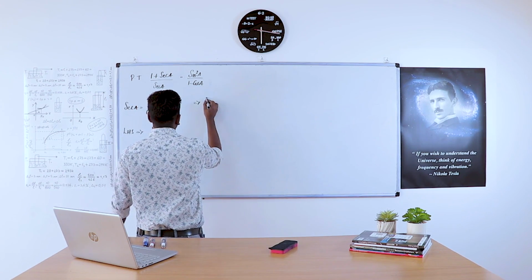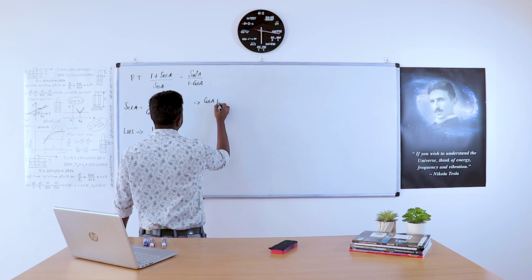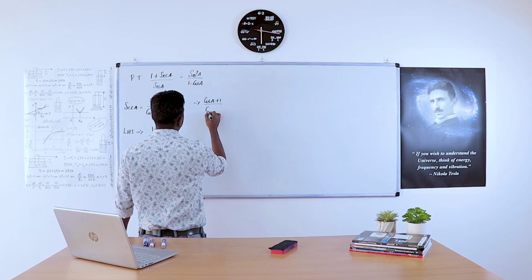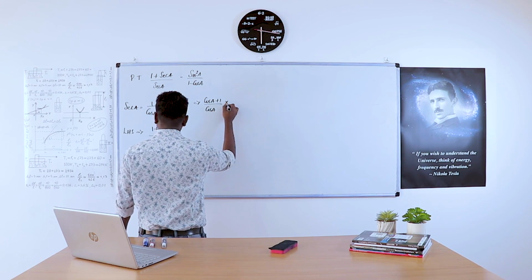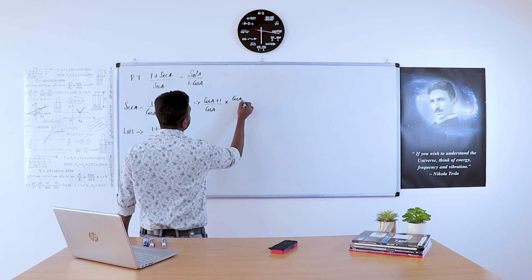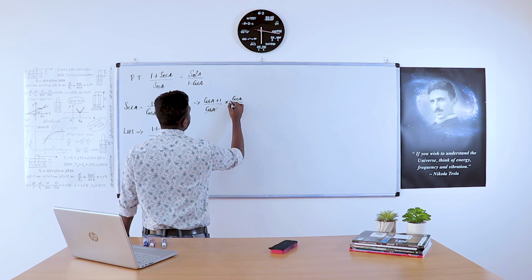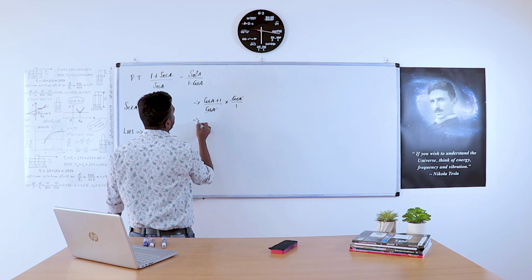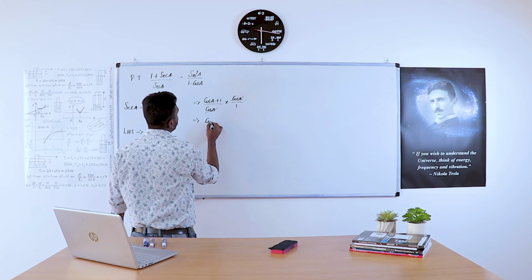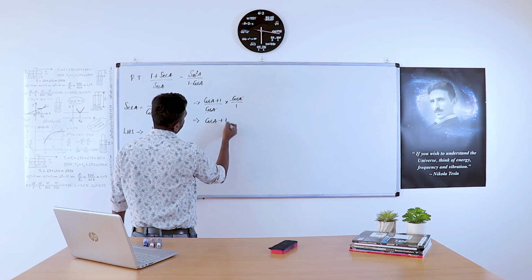That is equal to cos A plus 1 by cos A into cos A by 1. So cos A cancels. Cos A plus 1 by 1, that is simply cos A plus 1.